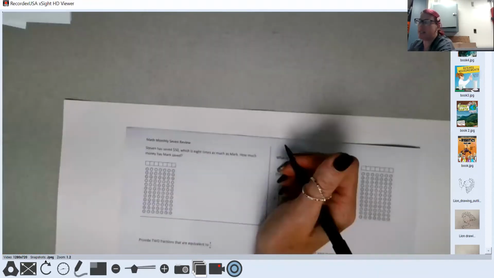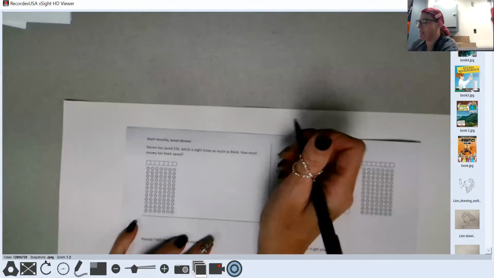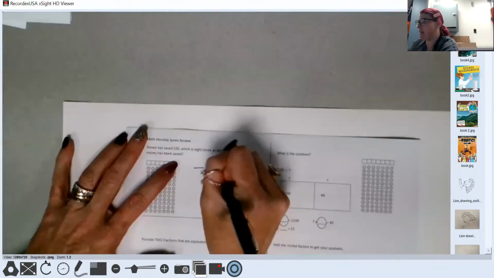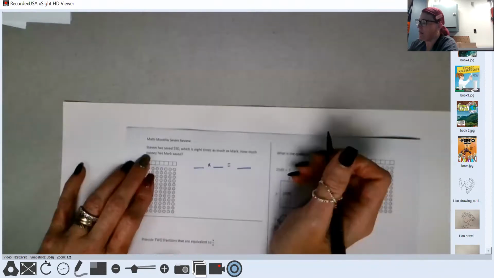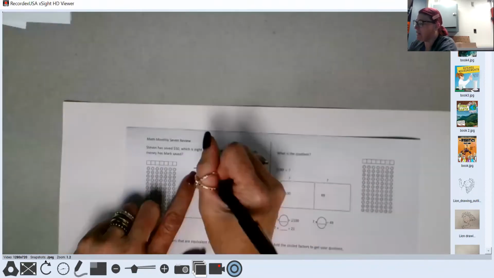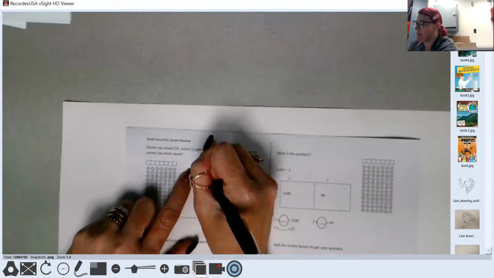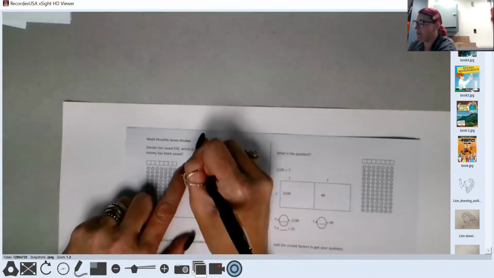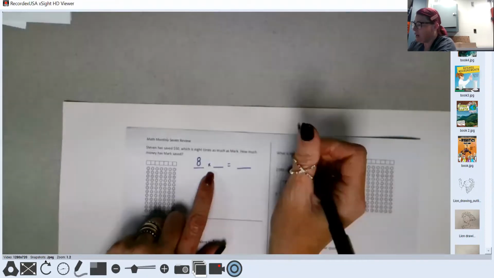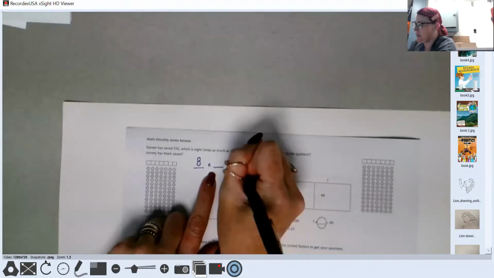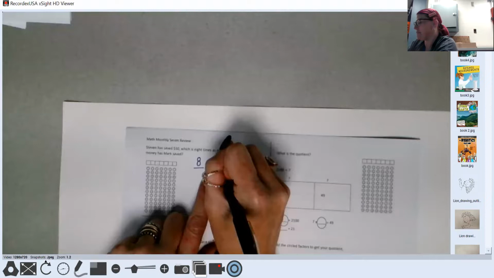So that I know is a multiplicative comparison, which means blank times blank equals blank. Now, I know that whatever times as many goes here. So that's my times as many, and I know that's 8. Times as many as Mark, and that says right here, as much as Mark equals Stephen.